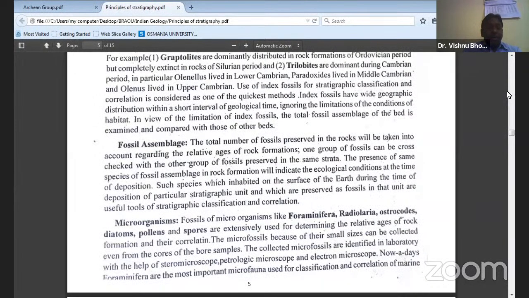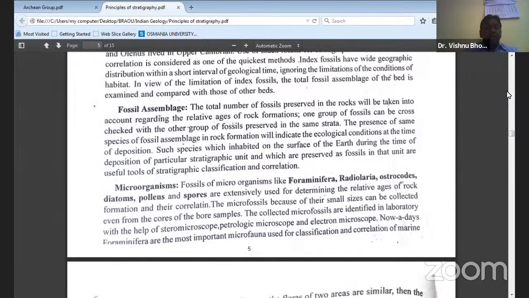And microorganisms: fossils of microorganisms like very small cells such as foraminifera, radiolaria, asteroids, diatoms, pollens, and other spores, which were particularly preserved at the time, give information to determine the relative ages of rock.